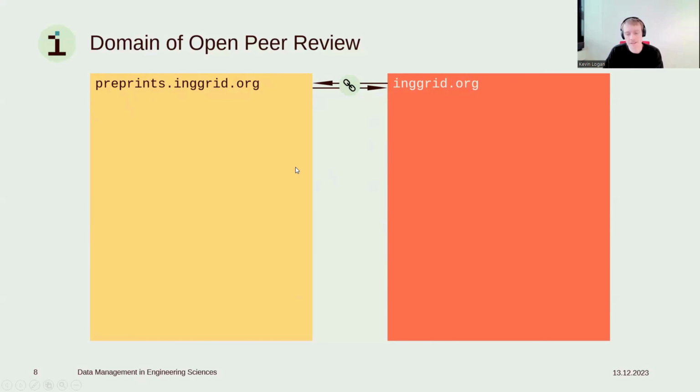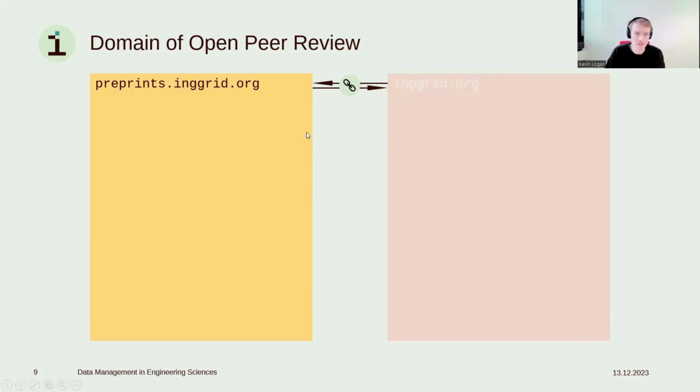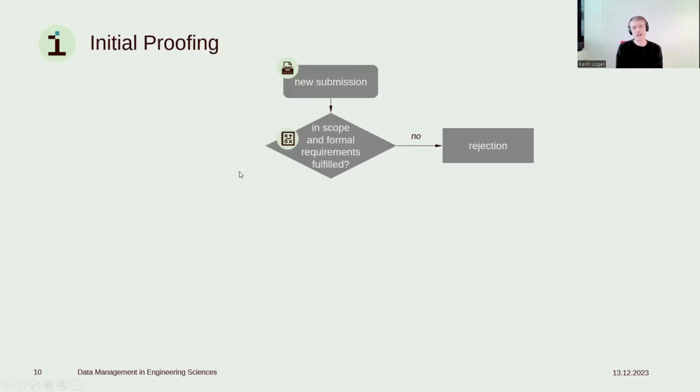The submitting and review process all happens on the preprints side of things, and only when your manuscript has passed review and gets published as a peer-reviewed article does it jump over to the other side. So for the beginning, only this left-hand side is important for you. So how does it start?